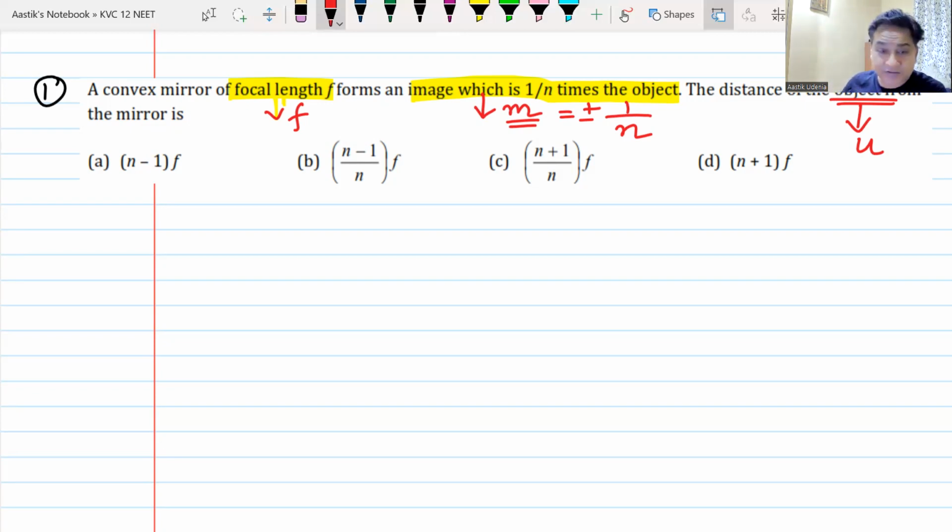The answer is that magnification has to be positive. Why is the magnification positive?